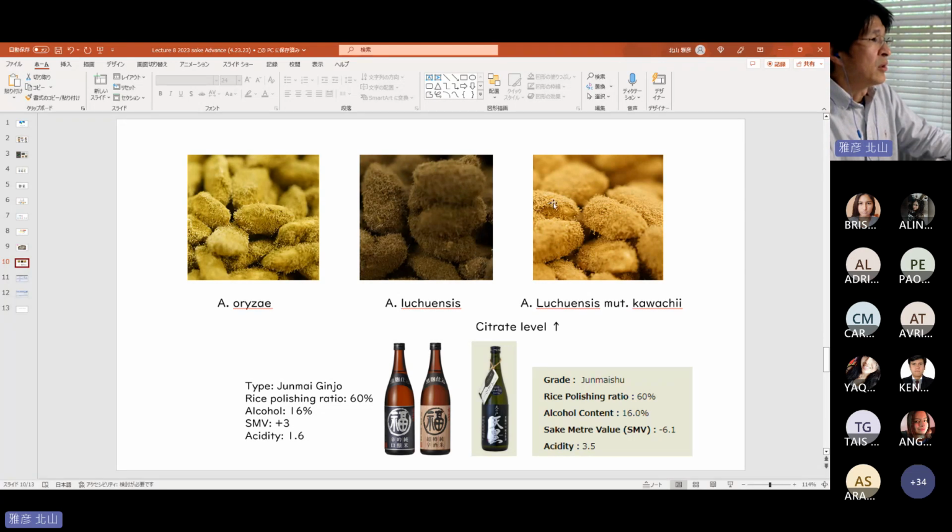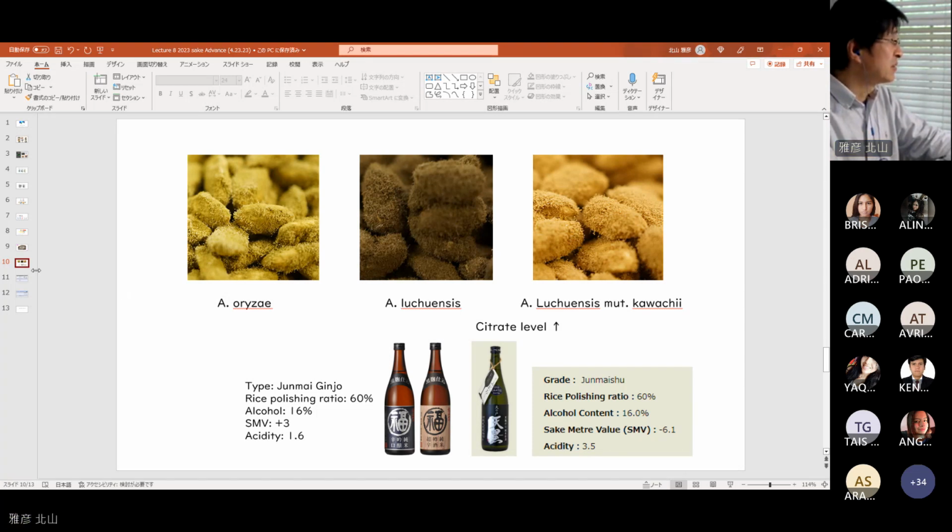And some people use this type of koji fungi to saccharify starch of rice to make shochu, or distilled sake. And some people blend 2 types of fungi to saccharify the starch of steamed rice to make sake.